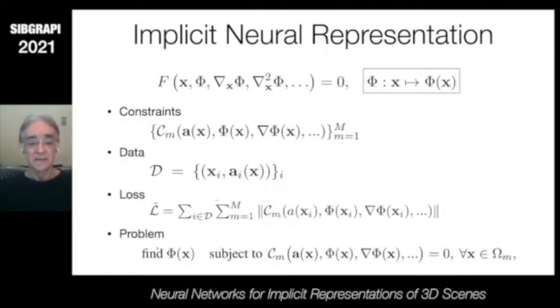And the network aims to find a function phi given by the network, with parameters of the network, that are going to satisfy all the constraints, that is, making the constraints equal to 0, right? So this is the implicit neural representation.